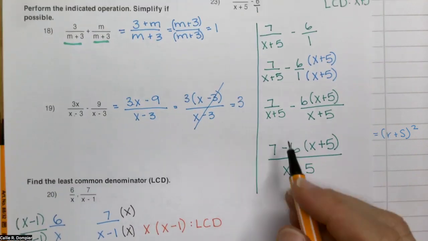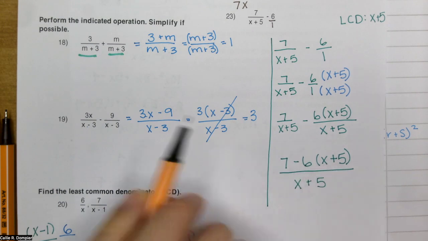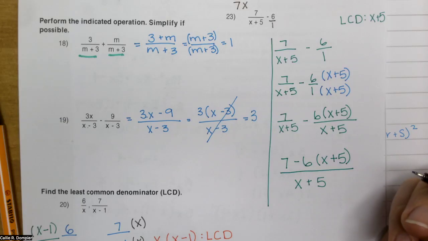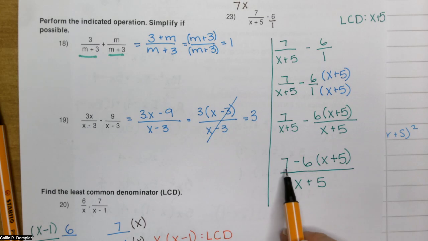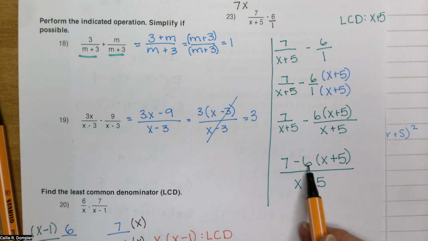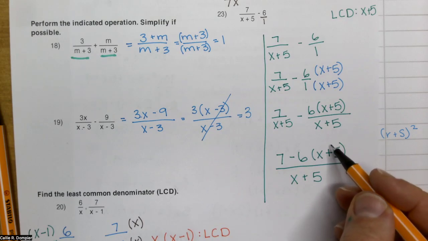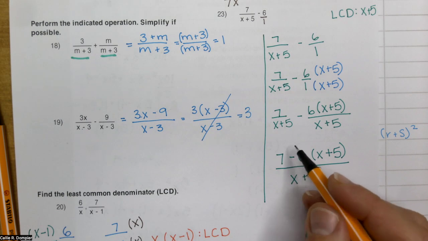Now, I'm not just going to take 7 minus 6 equals 1, right? I can't do that. I can't just say it's 1 times x plus 5. I can't cancel the x plus 5 and the x plus 5 because of this minus sign, right?